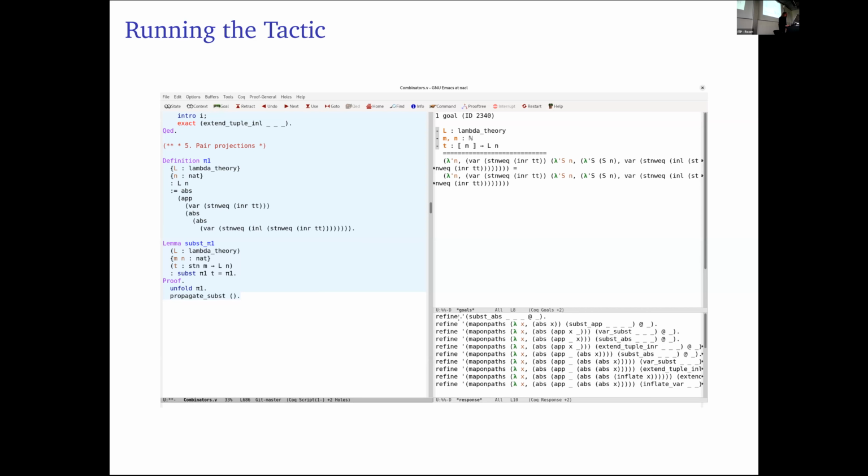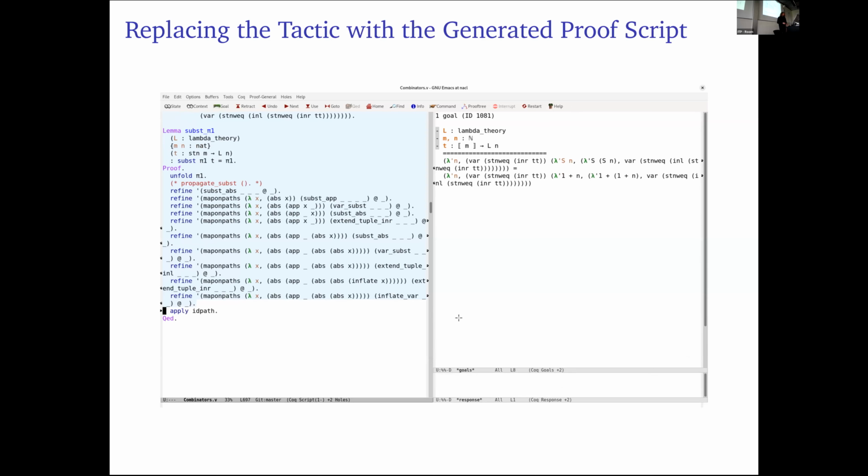And what we then do in order to avoid having the automation built into the proof script is we replace the call to this automated tactic with the sequence of tactics that it has generated. So we comment out the call to propagate subst. And in the end, when we run this sequence of tactics, the goal is essentially solved. We just have to apply reflexivity once.